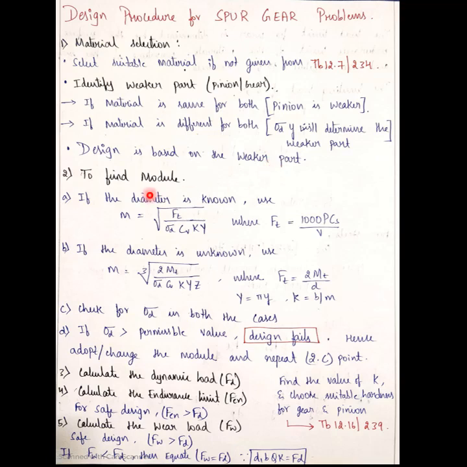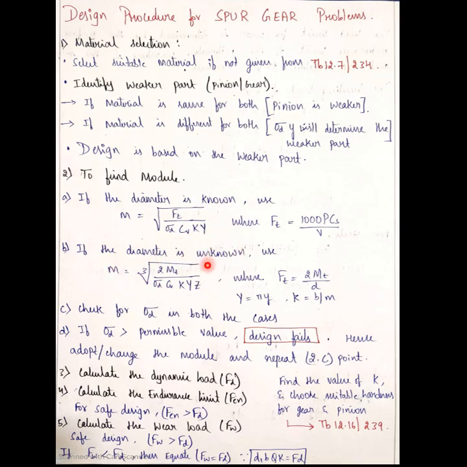Second step: we need to find the module, because the further calculations depend on the module. Module is nothing but the pitch diameter divided by the number of teeth. This formula from the data handbook, known as the Lewis equation for beam strength of tooth, is used to calculate the module if the diameter is known.